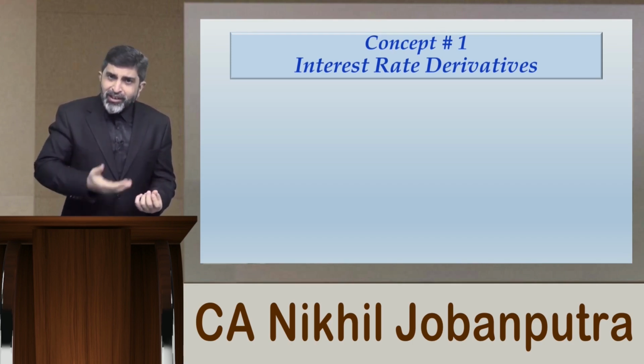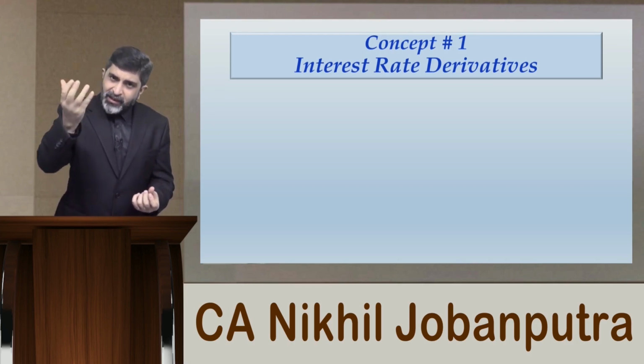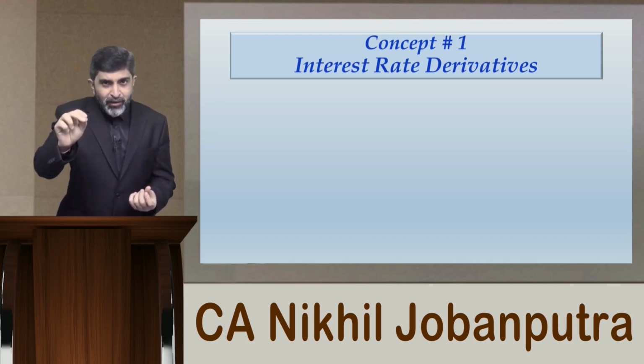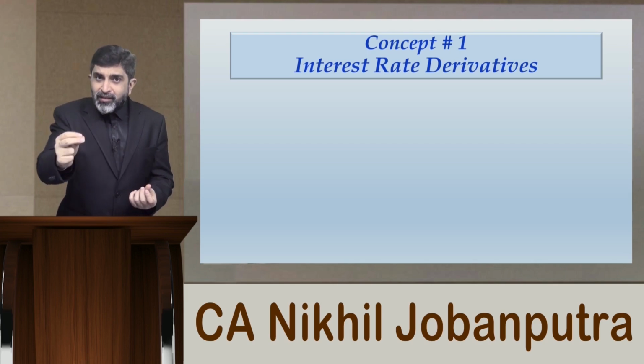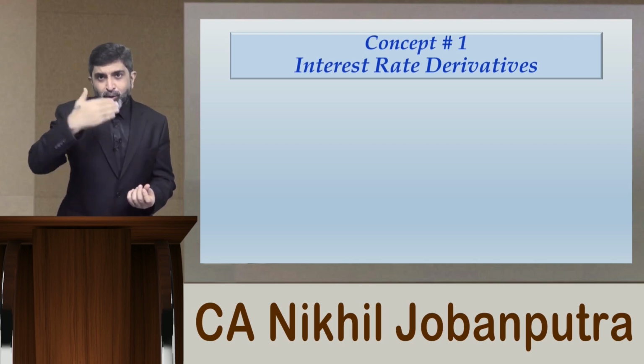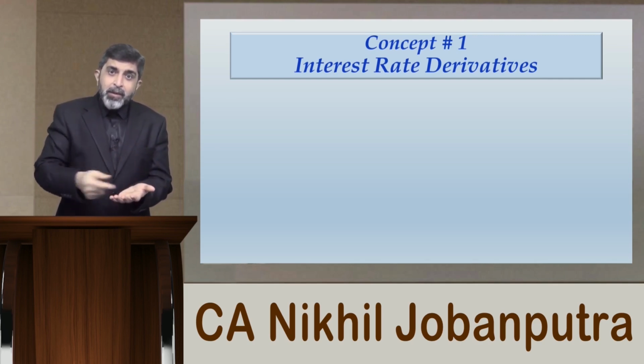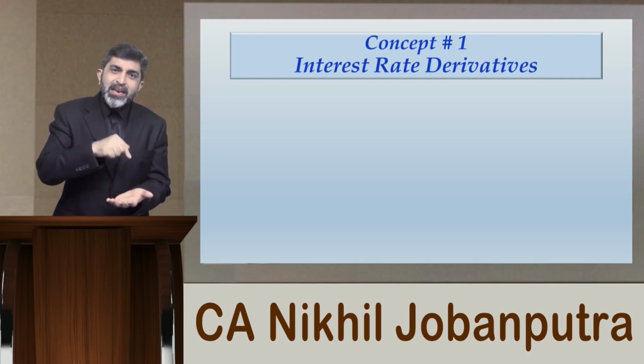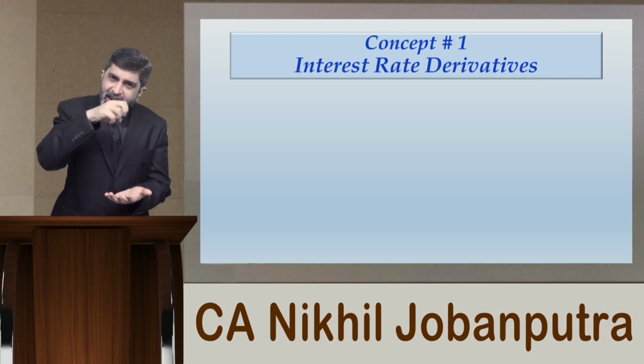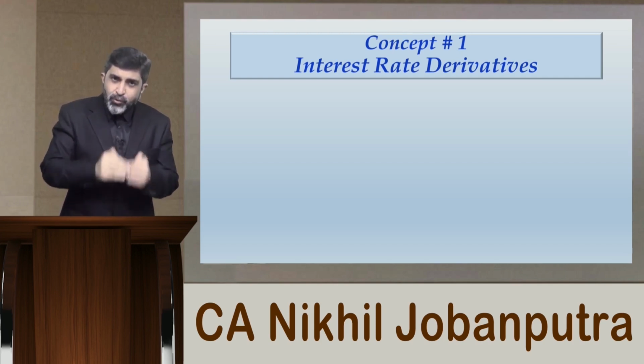So if the borrowings are to initiate after 6 months, it is an agreement of borrowing, and it is a forward agreement because the borrowings are to commence after 6 months from the date of signing the contract, but the interest rate has been negotiated and contracted and included in that contract right today.